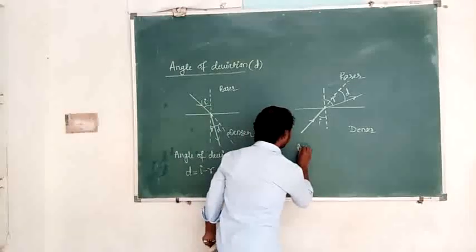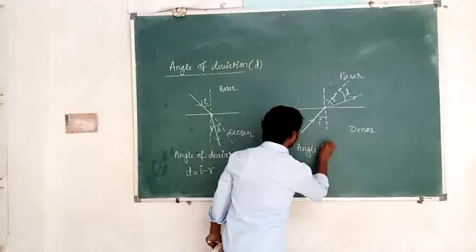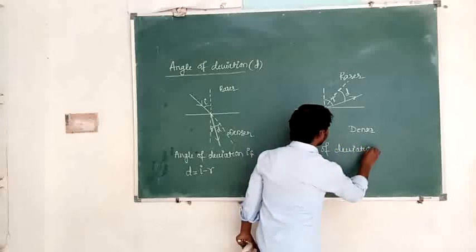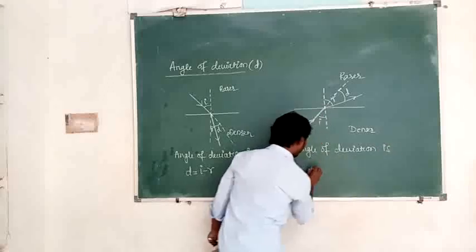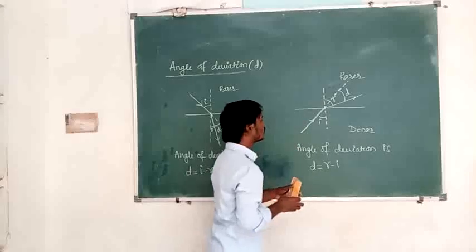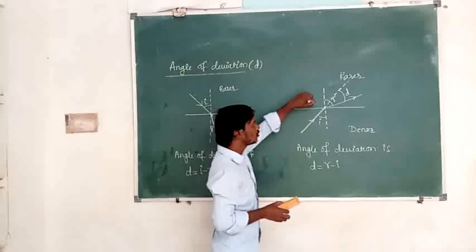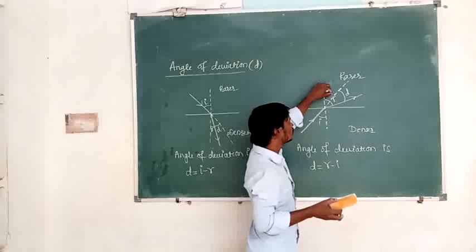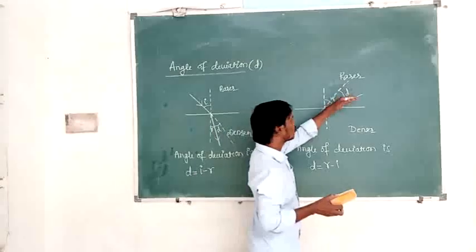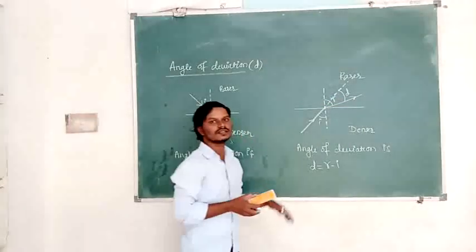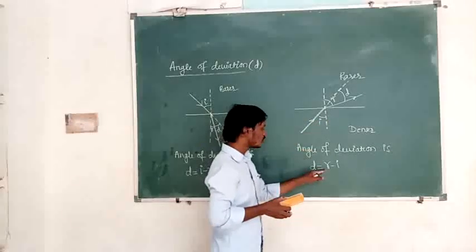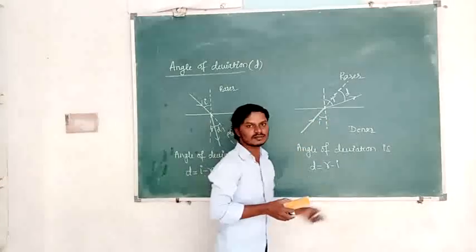The angle of deviation is given by R minus I. Why? Because when the light travels from denser medium to rarer medium, the angle of refraction is greater than the angle of incidence, because the refracted ray bends away from the normal. Hence, the angle of refraction is greater than the angle of incidence. That is why we write R minus I.